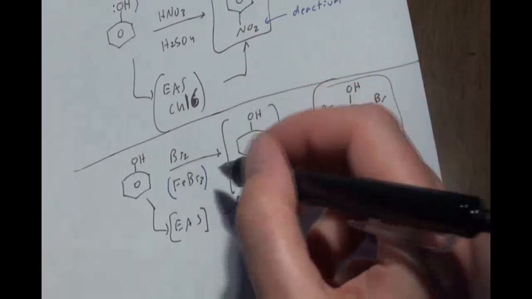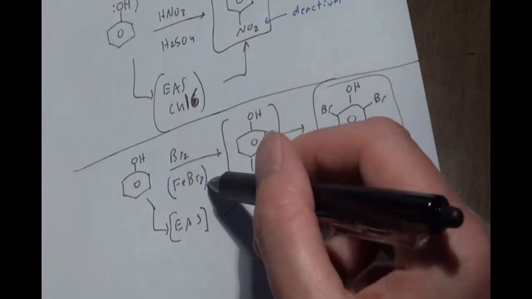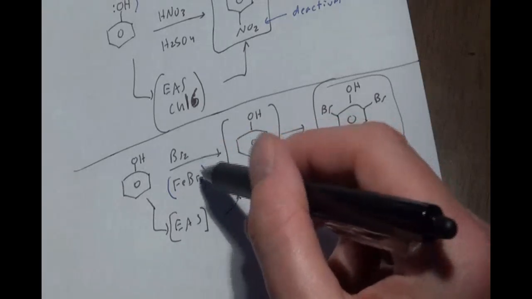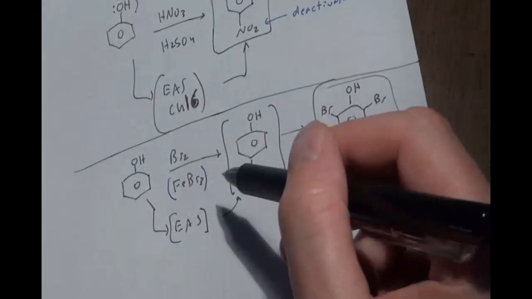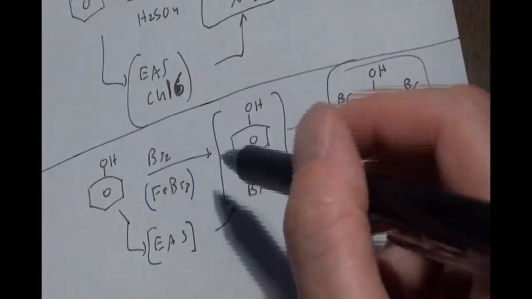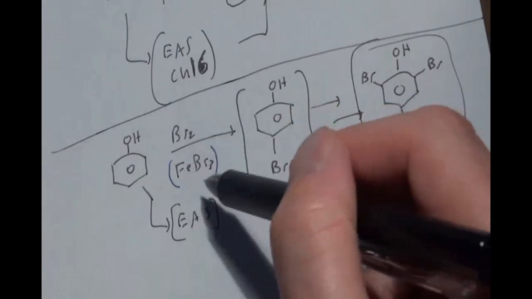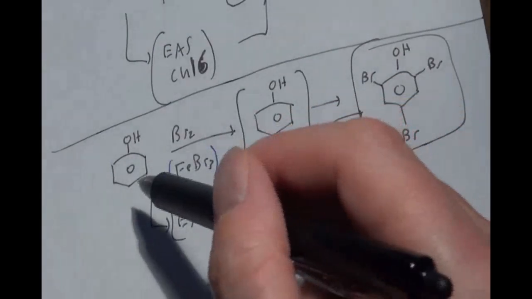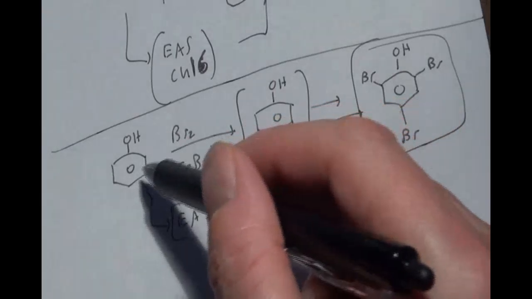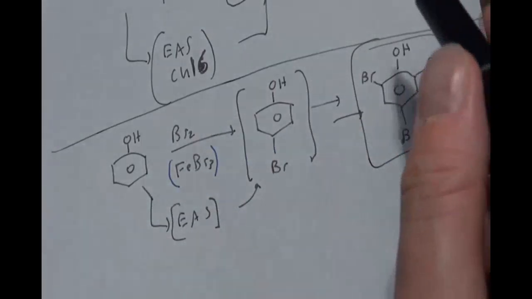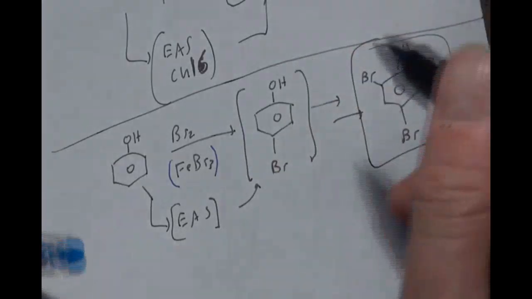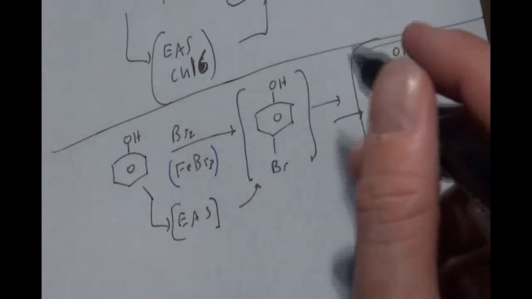The FeBr3 made Br2 a super electrophile. We did a mechanism for that. I'm not going to show that again, but Br2 interacts with the iron and it makes it a super electrophile. Well, this is so reactive that you don't even need to do that. So you can do this with Br2 alone, okay? That's just a little note.